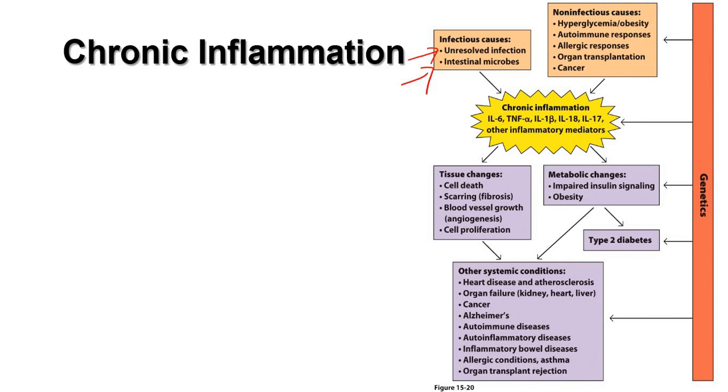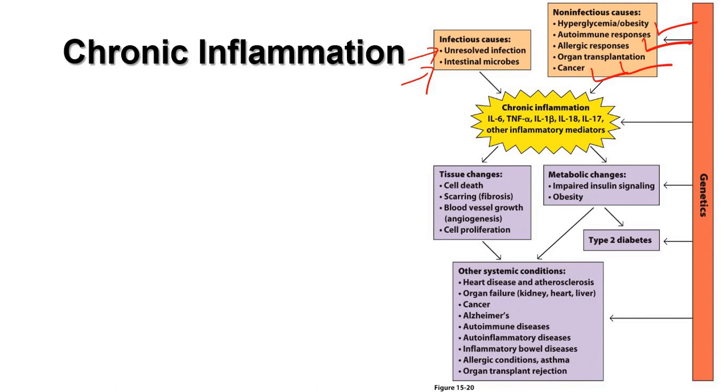Then you have non-infectious causes. The non-infectious causes can be hyperglycemia, that is excess circulating blood sugar, autoimmune diseases, allergic responses, organ transplantation, cancer. These all will lead to chronic inflammation.